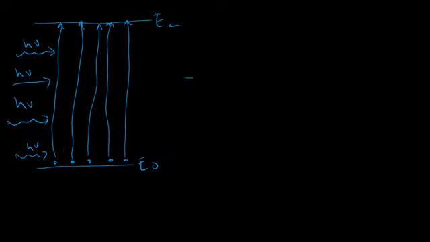Then there is another state which is called E1, which is the metastable state. Now what will happen to these electrons which are in the excited state?